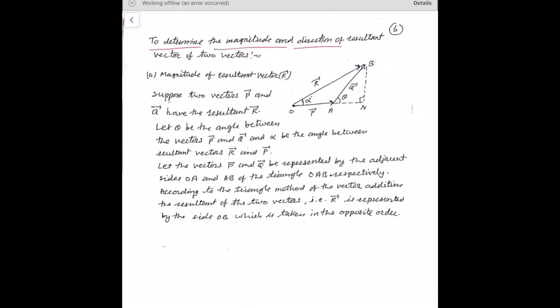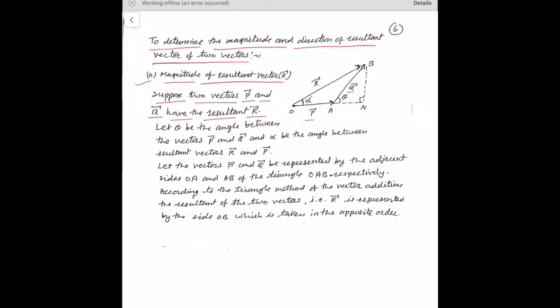To determine the magnitude and direction of the resultant vector of two vectors. A. Magnitude of resultant vector R vector. Suppose two vectors P vector and Q vector have resultant R vector.